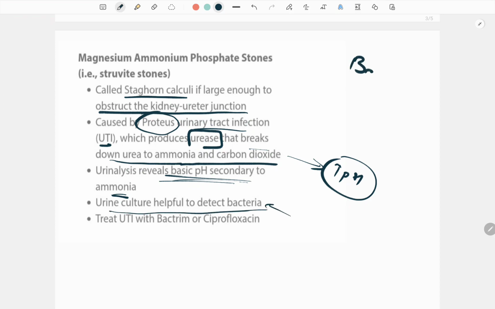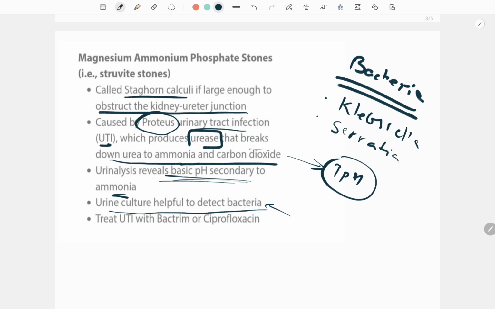Let's talk about the bacteria. What are the urease positive bacteria? The three main high yield bacteria that you should know for USMLE are Klebsiella, Serratia, and Proteus.